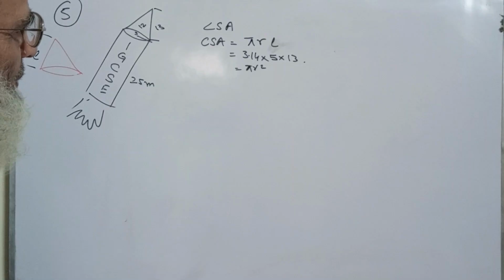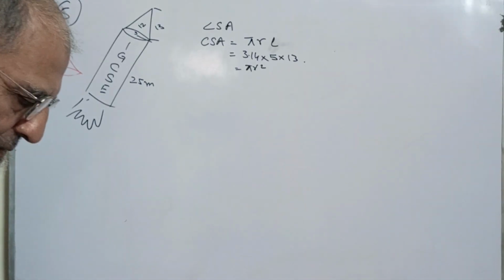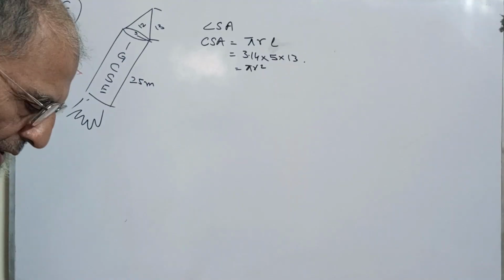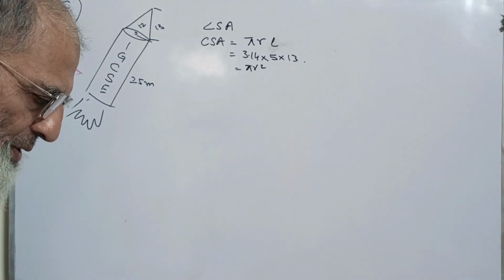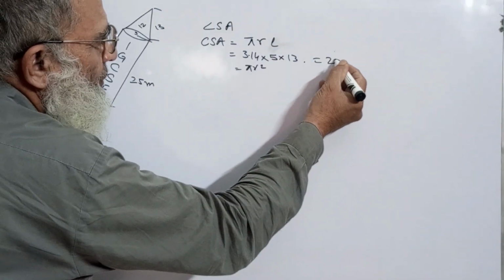So 3.14 multiplied by 5 multiplied by 13 becomes 204.